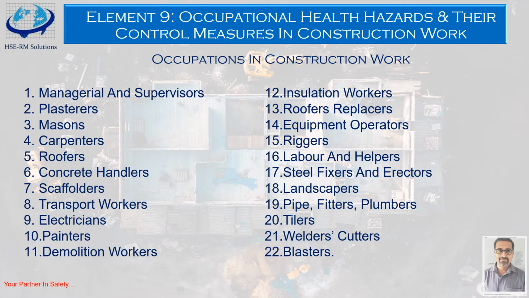Second is plaster, mason, carpenter, roofers, concrete handlers, scaffolders, transport workers, electricians, painters, demolition work, insulation work, equipment operators, riggers, labor and helpers, steel fixers and erectors, landscapers, pipe fitters, plumbers, tilers, welders, cutters, blasters. So there are these 22 work profiles that happen on any construction site.